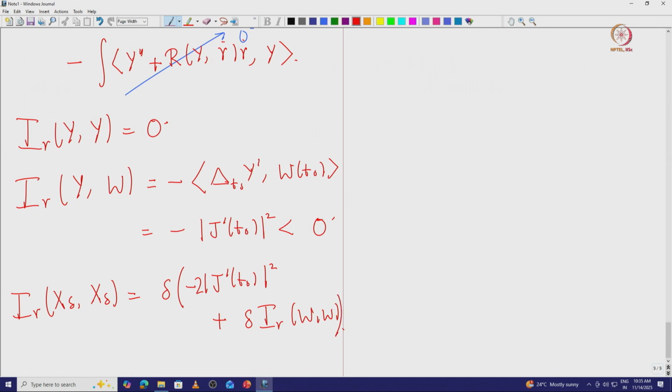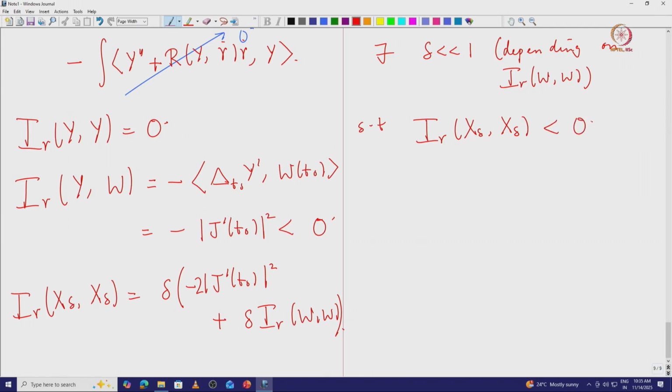So it does not matter what this is, there exists a delta small enough, depending of course on the value of the index of w comma w, such that this index term can be made negative. And this completes the proof of the proposition. For small delta this term will be tiny, so the negative term will dominate. All right, so that proves the proposition.